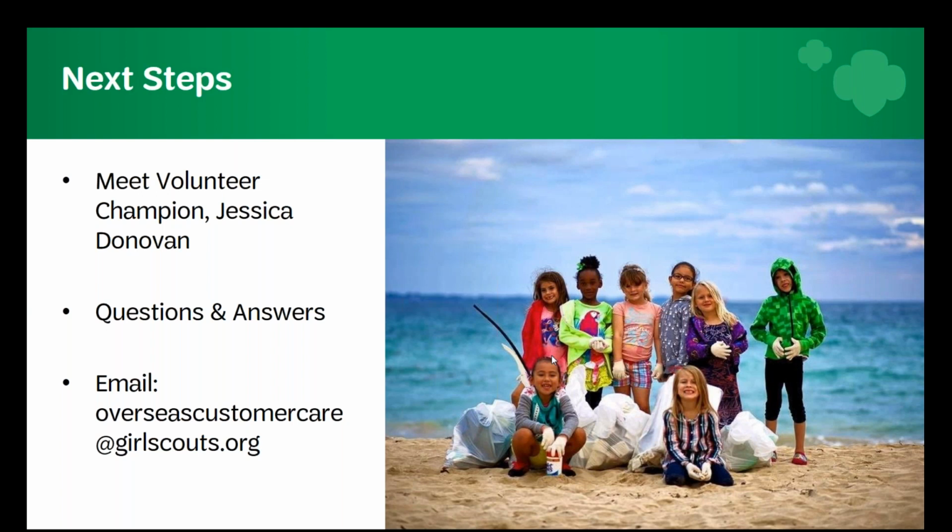The troop leader gets an email right away, but if it's not an active troop, we'll get the information directly to the OCs when a new girl is registered, so that the OCs can reach out to those girls to make sure that they know about the troop status.